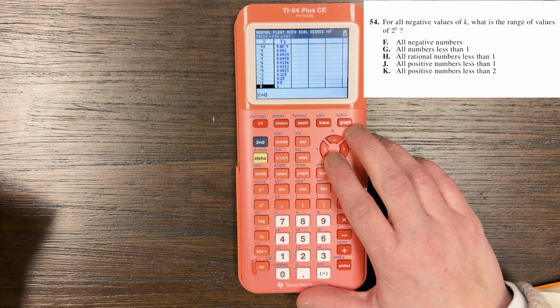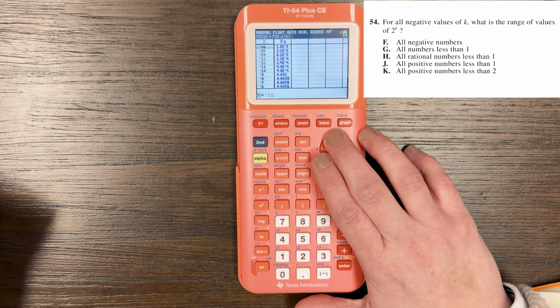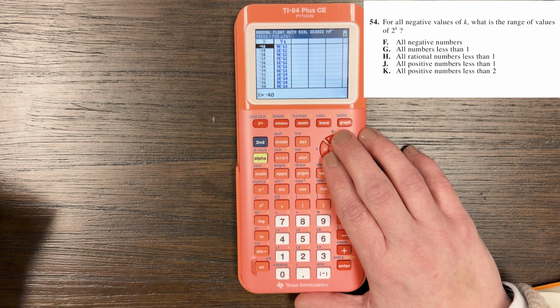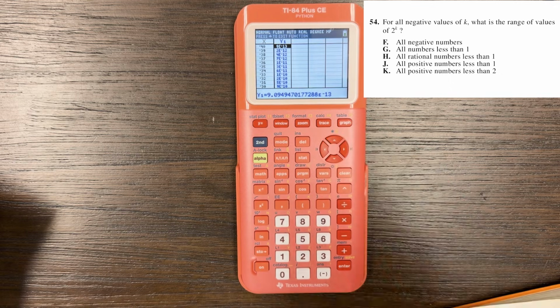So if we look at our options, if you look at G, all numbers less than 1, or H, all rational numbers less than 1, or J, all positive numbers less than 1. So it is definitely less than 1, but as you go down, none of these are negative. So on this answer here, you are going to choose J because all these Y values are not negative.